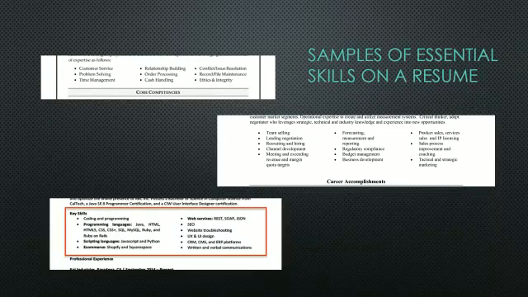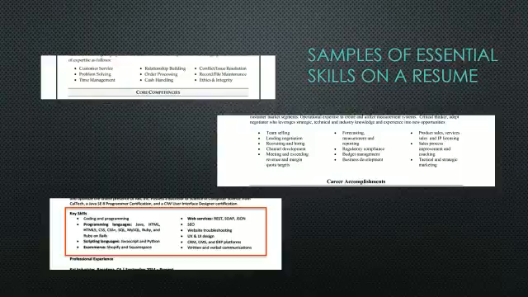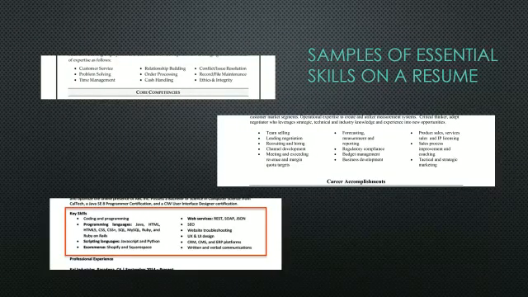It's all about speed and reviewing stuff. So when you format stuff like this, it's easier to read, but you've got your key stuff: customer service, problem solving, time management, relationship building, order processing, cash handling, conflict issue resolution, record file maintenance, ethics and integrity. Those are good core competencies, good skills to have.